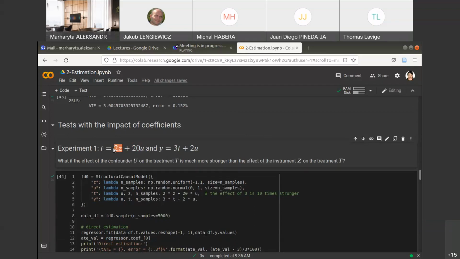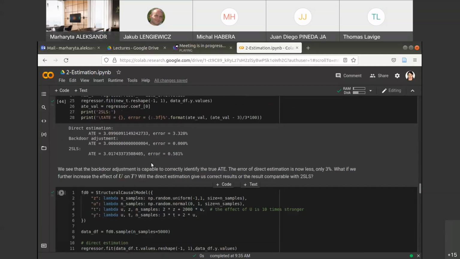And here we have the fear that our prediction of new values t star from z will not be good enough to cover all possible values of t, because this variable has very low effect on t as compared to the other one. Let us see what happens.